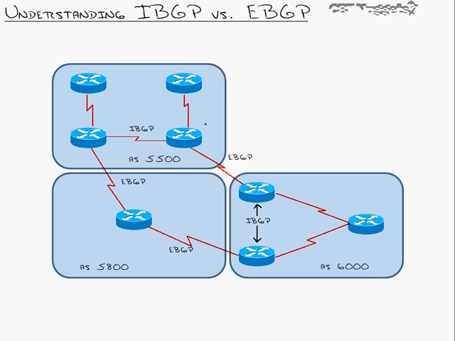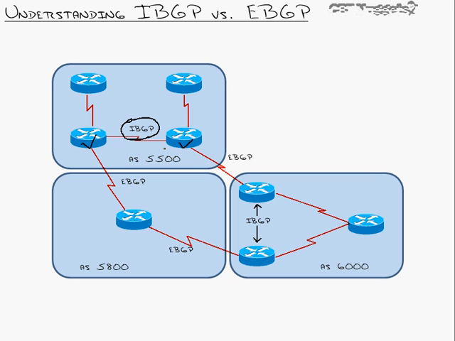So, iBGP is when you establish BGP neighbor relationships between two routers in the same autonomous system. We have a neighbor that is formed from this router to this router, and since they're part of the same autonomous system number, that means they will use iBGP.